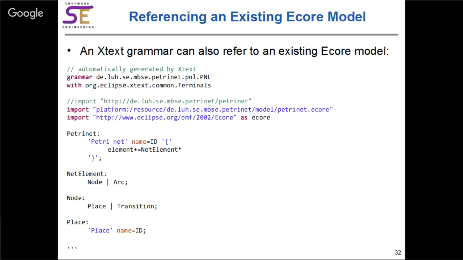What we see here is an example of our PetriNet example that we had in this lecture as a running example before. So here is an import statement where we say we import our petrinet.ecore file, and also we have to import ecore.